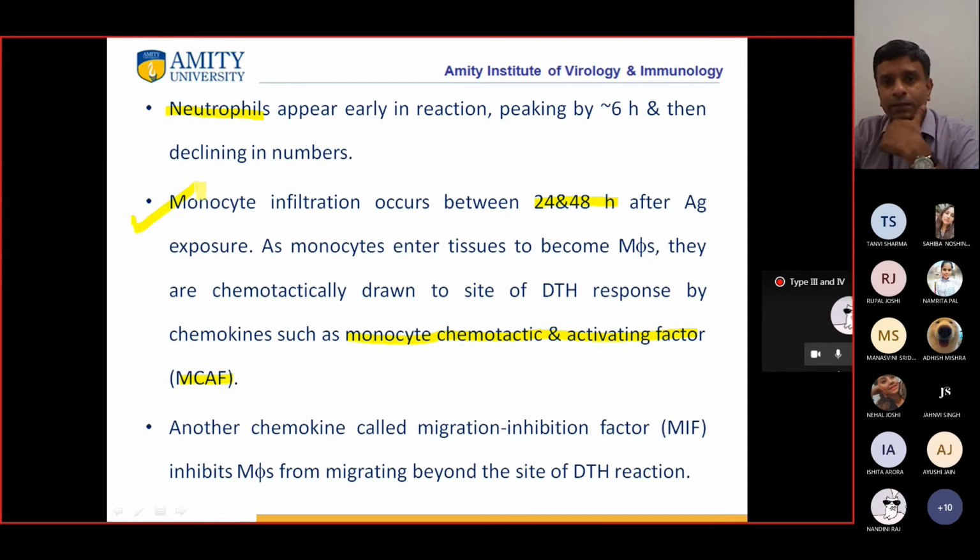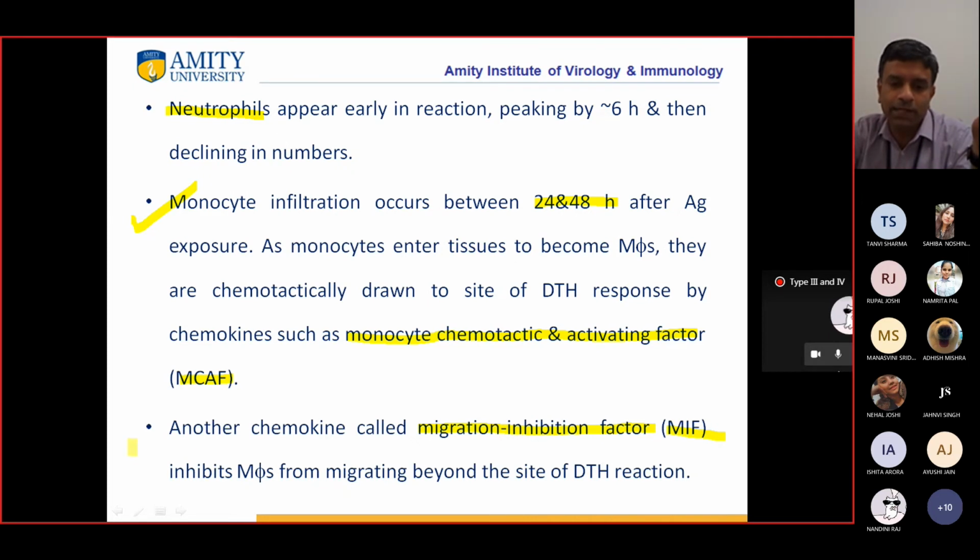And then the macrophages that have already come, okay, we also have to stop them from going beyond that site, okay. For that there is another chemokine called migration inhibition factor, MIF. As the name says, it is inhibiting migration of the macrophages, okay. So it inhibits macrophages from migrating beyond the site of DTH.